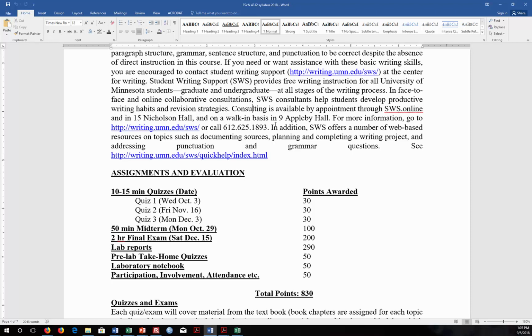If you ask a question, it will be counted. If you answer a question, if you make a comment, it's just going to be counted. Talk to me, you'll get 2 points every time you talk to me. But obviously there is a limit. 15 participations will give you 30 points, and then involvement and attendance, that's 20.